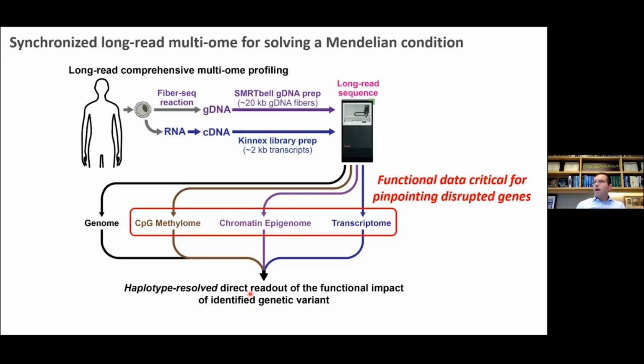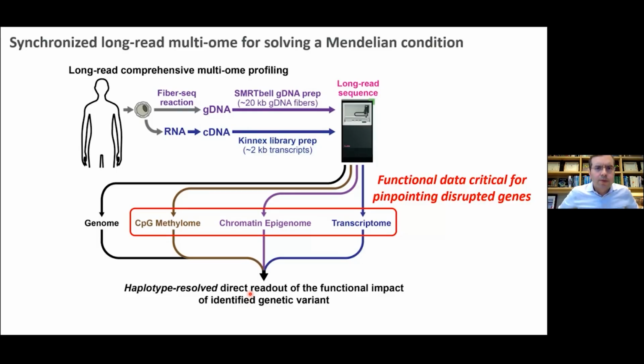So I really want to emphasize over the last couple of slides that having this parity, not just of the genome, but this functional readout of the genome at the exact same time, can play an important role in not only genetically, but also mechanistically pinpointing the cause of different rare diseases.